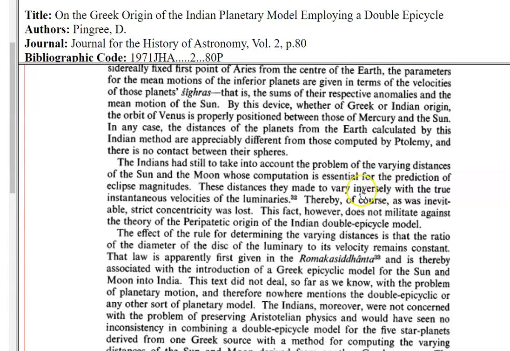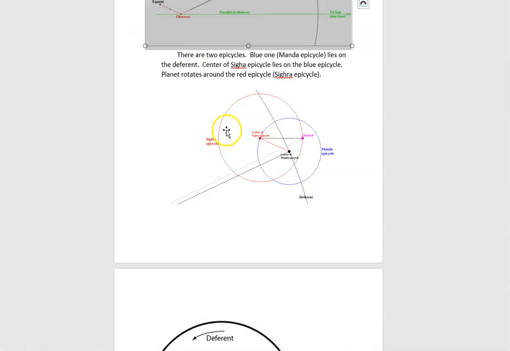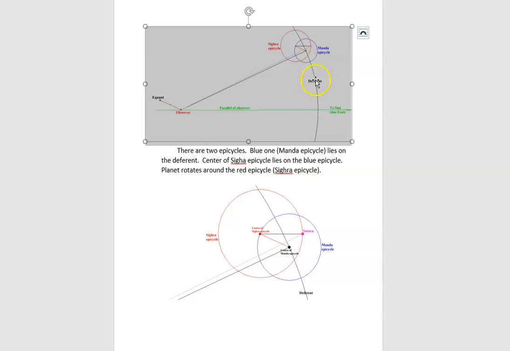So basically, what is Pingree's theory? Pingree's theory is that these Indian models, the planet goes around, this is the planet reference circle, and the center of the Earth is here.